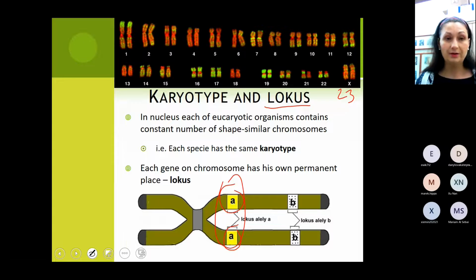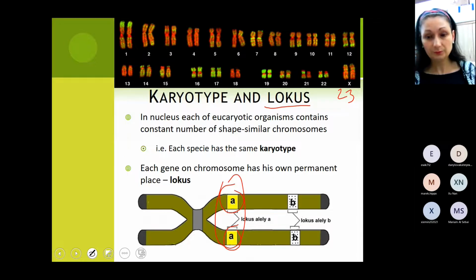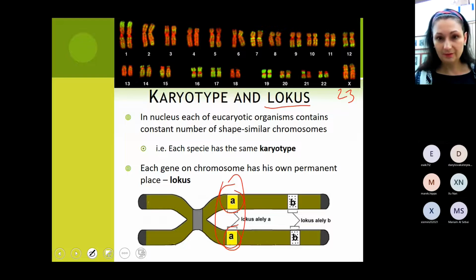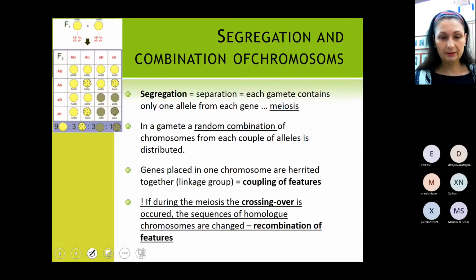We expect that our common ancestors with chimpanzees had 48 chromosomes, and within evolution we lost one pair of chromosomes. This is expected, but it happened in the distant past.